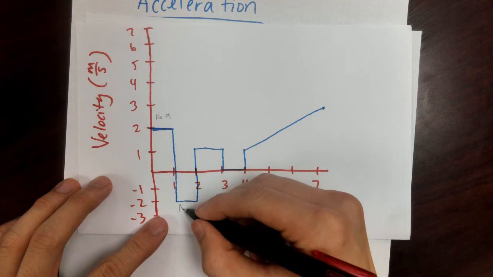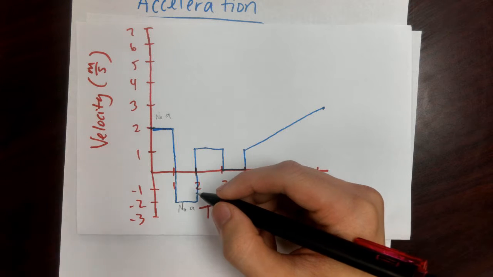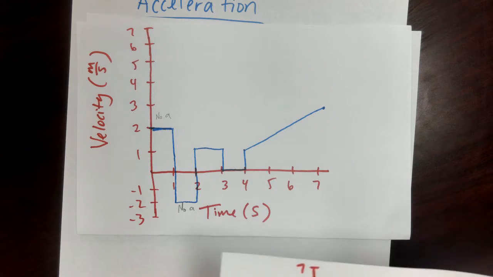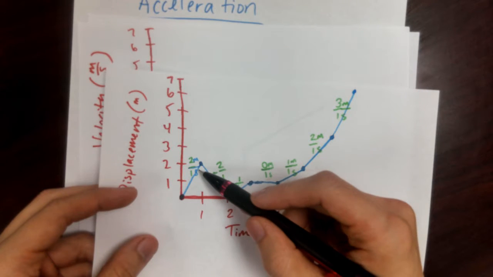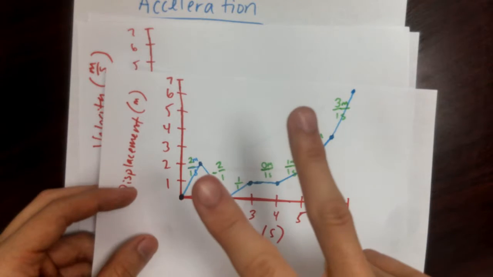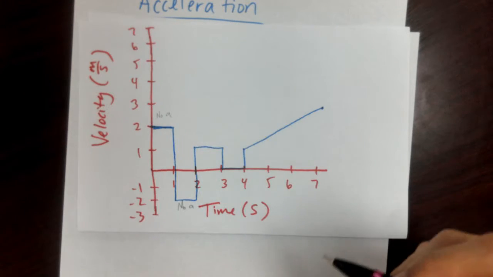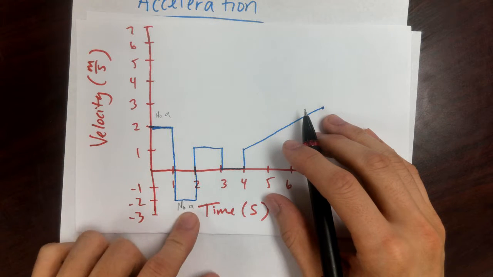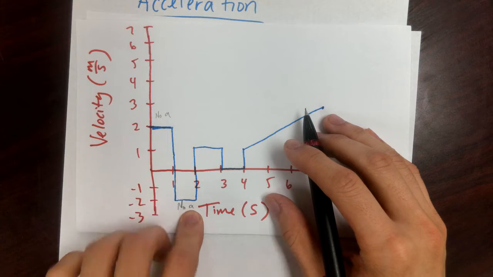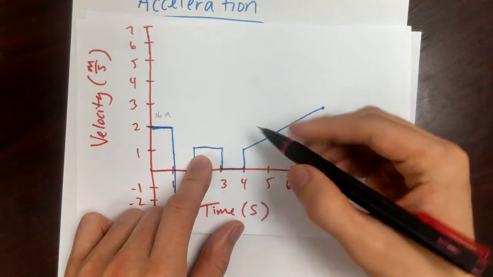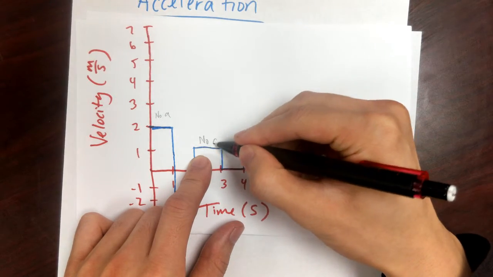No. This whole thing is going at 2 meters per second. So since it's constantly 2, no acceleration. This is also no acceleration. Let's look here. Again, it's a flat line, so this is also no acceleration.